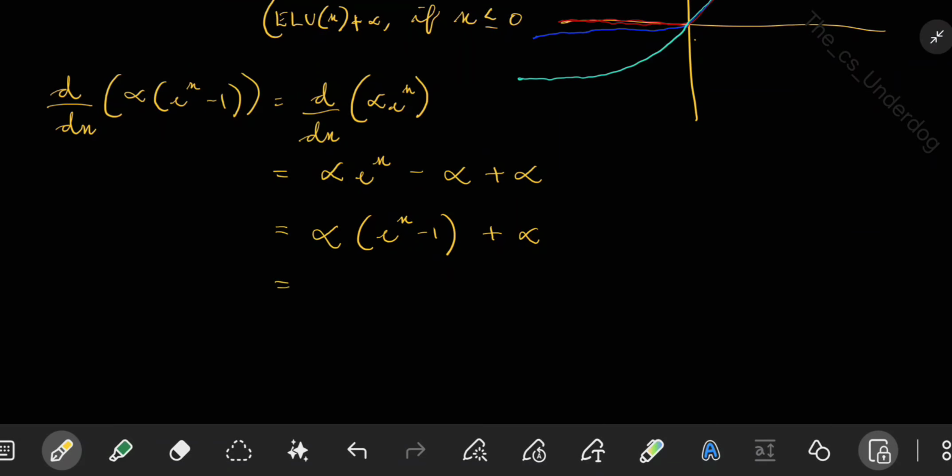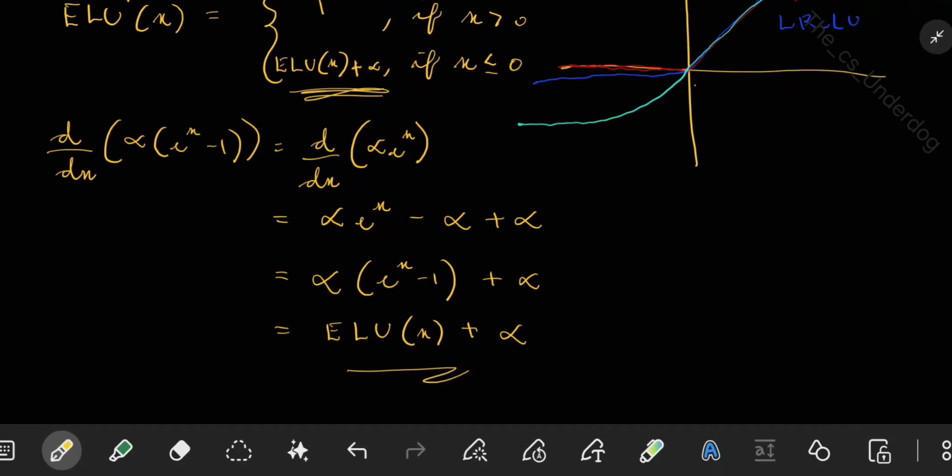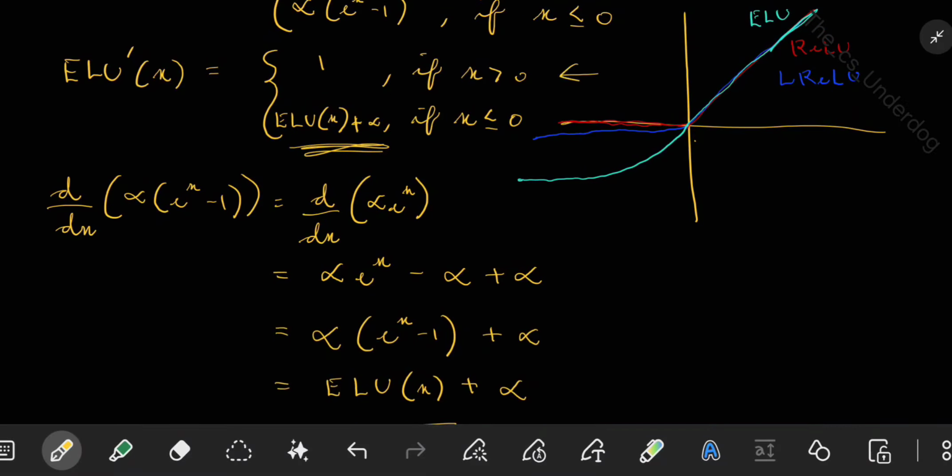I'll say this is ELU of x plus alpha. So this is how we got this particular term here. Okay. So you understood how we did the derivation for this. What did you understand from this? What happens to the derivative? The derivative is 1 for all positive values. So whenever you have positive value here, you know derivative is always 1.